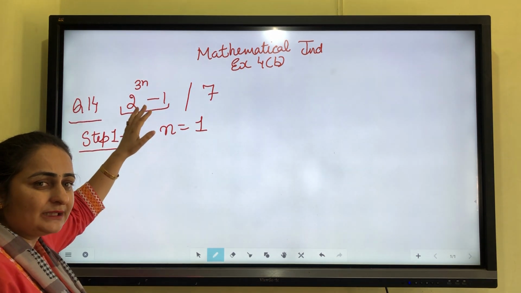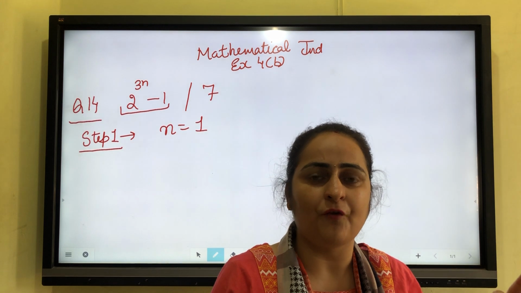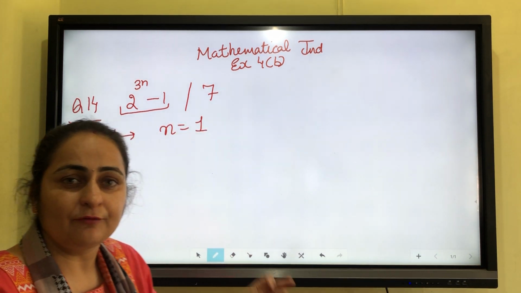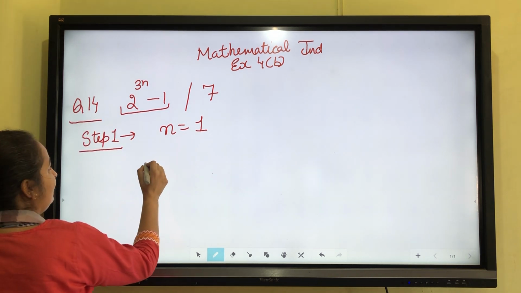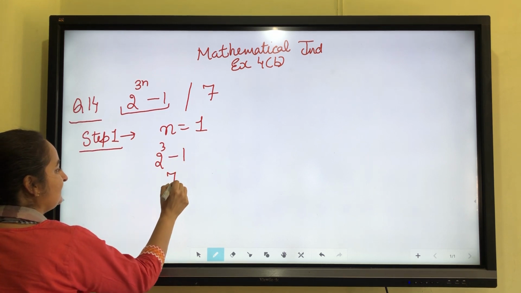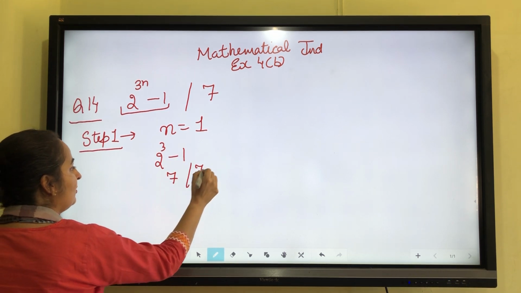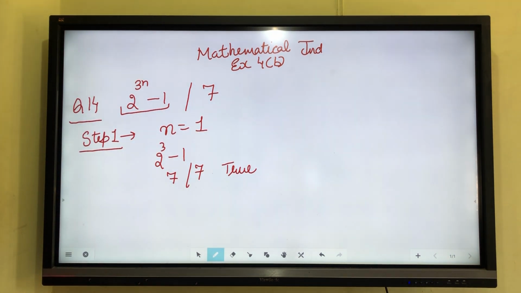That number comes in the table of 7, whether it comes out to be 7, 14, 21, 28, but that number must be divisible by 7. What's the result here? 2 to the power 3 minus 1, that is 8 minus 1, 7. And you all know 7 is divisible by 7, therefore the result is true for the first case.